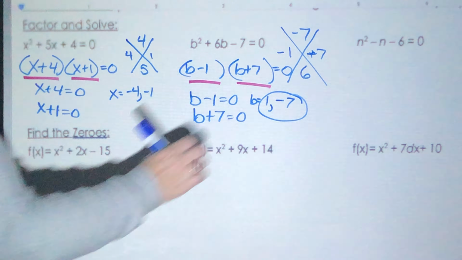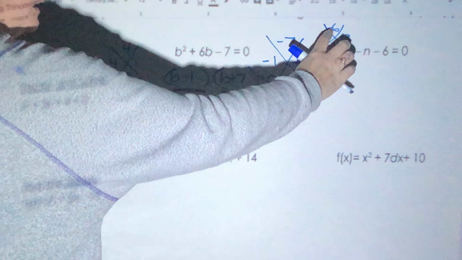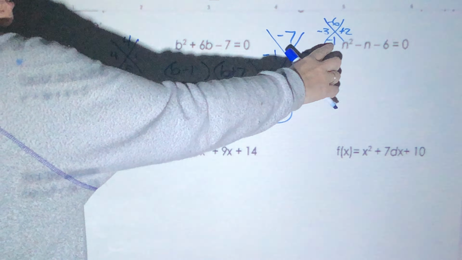And then my last example, I'm looking for two numbers that multiply to give me negative 6 and add to give me negative 1. So we can try negative 3 and positive 2. They multiply to give me negative 6 and they add to give me negative 1. So my two parentheses would be n minus 3 and n plus 2.